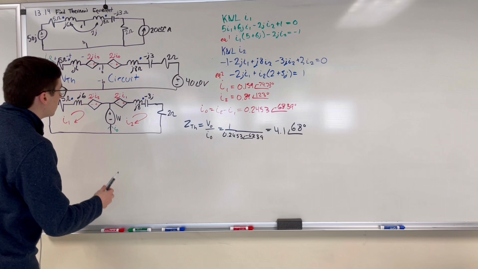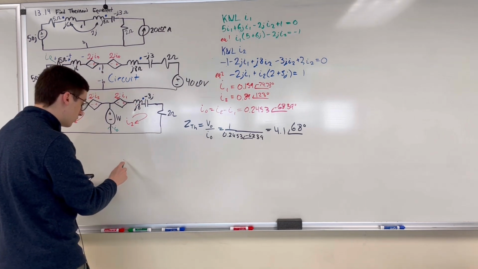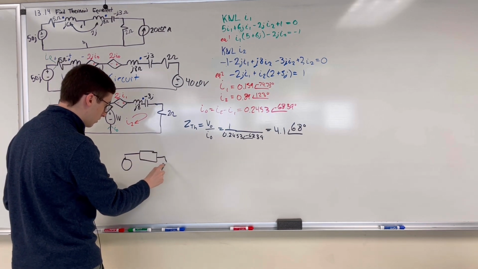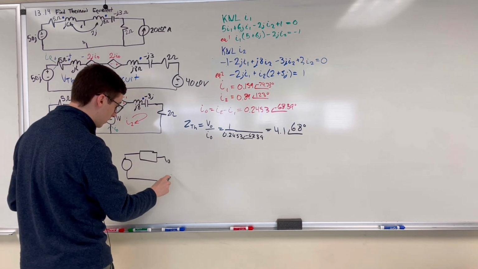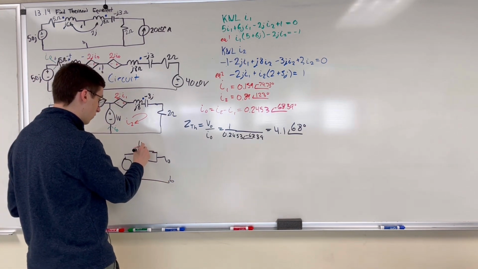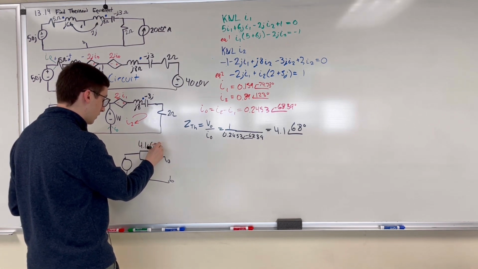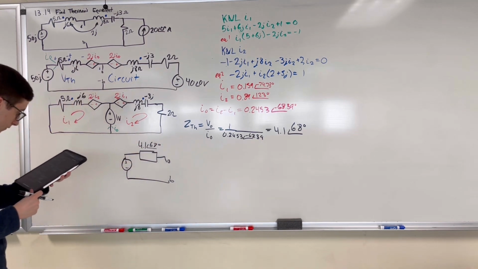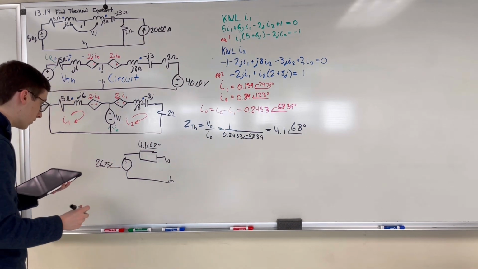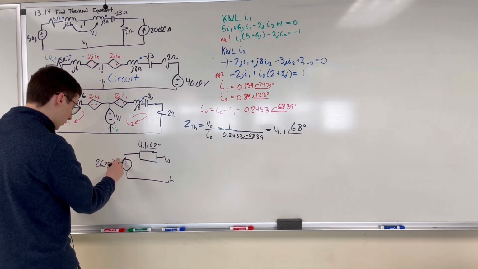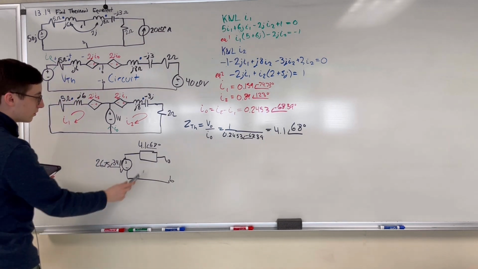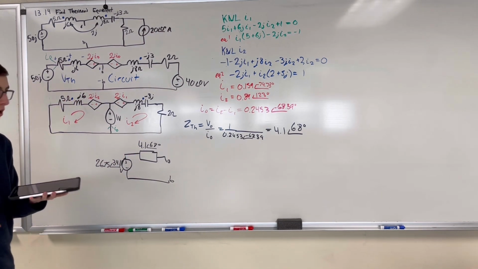We can simply say that this entire circuit can be whittled down to a voltage source and a load, here's A, here's B, and so this is ZTH, which is 4.1 with phase angle 68, and our VTH from earlier was 26.75 with a phase angle of 34.11 degrees volts. Boom. So now this ugly circuit is now just this. That's it for these problems. Good luck on the quiz.